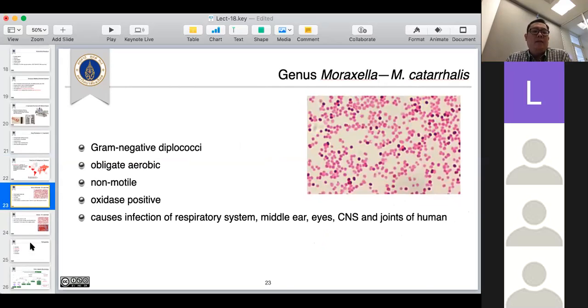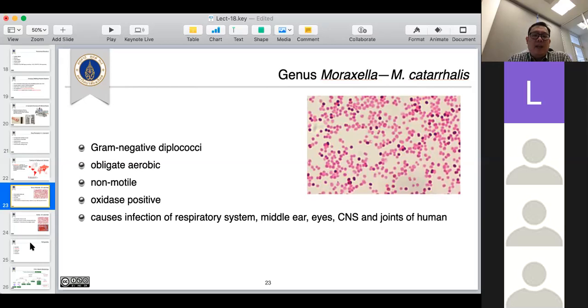Then we move to the genus Moraxella. Moraxella, if you do not use biochemical tests and observe only the Gram stain, looks pretty much like Gram-negative cocci, but actually diplococci, and you probably confuse it with Neisseria species.